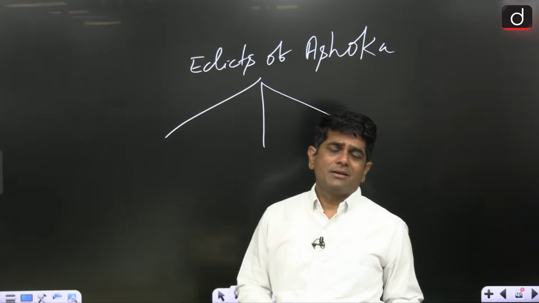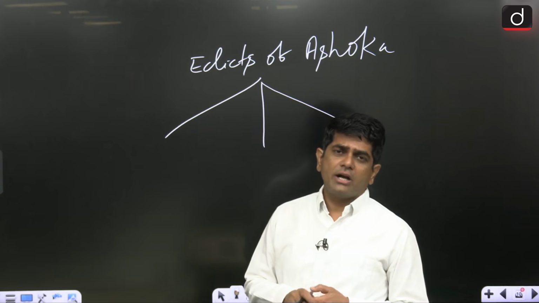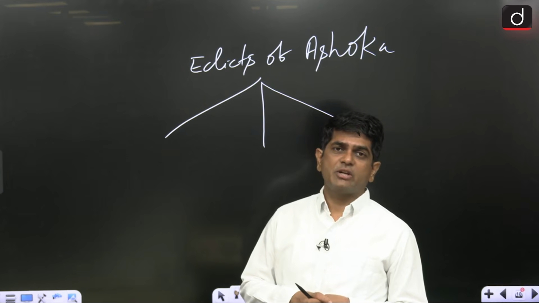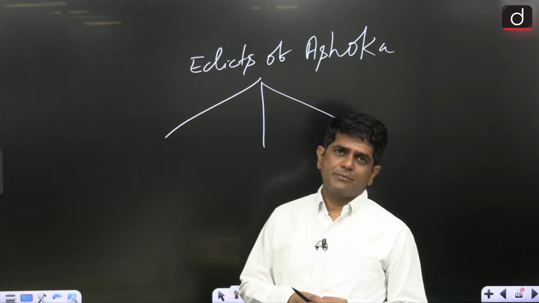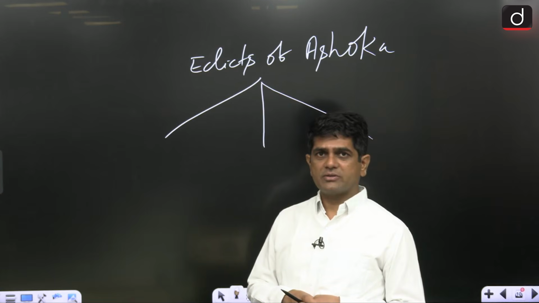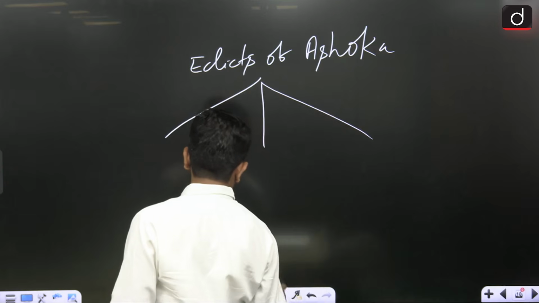Already discussed that Ashoka, in order to inform his subjects about his state policies, inscribed inscriptions, and his inscriptions have been categorized into three sub parts or headings.